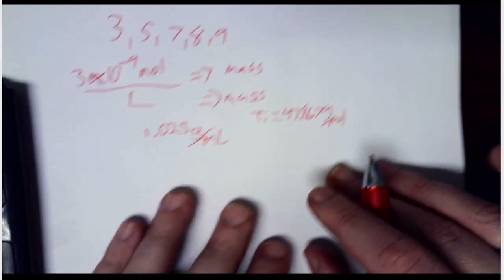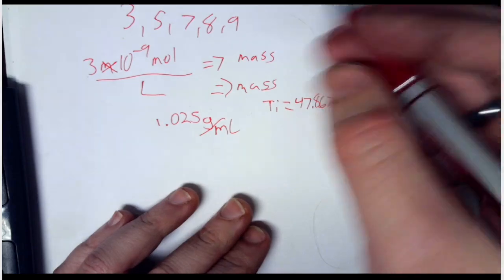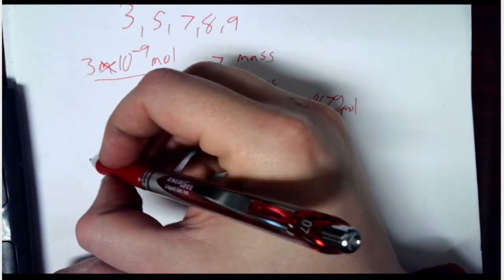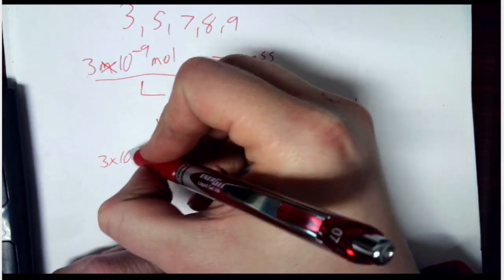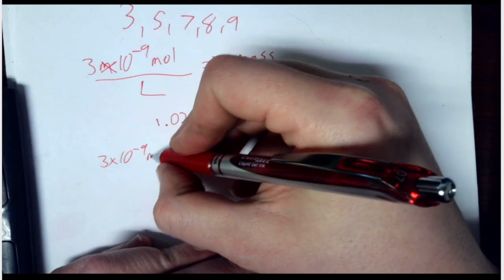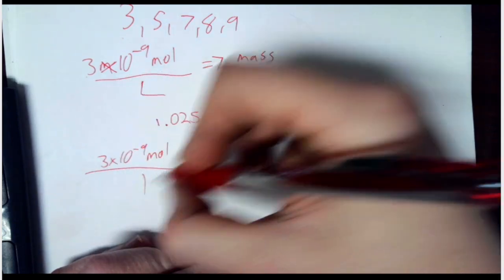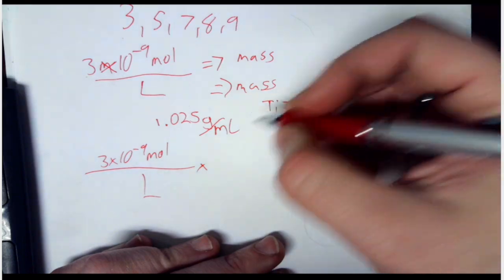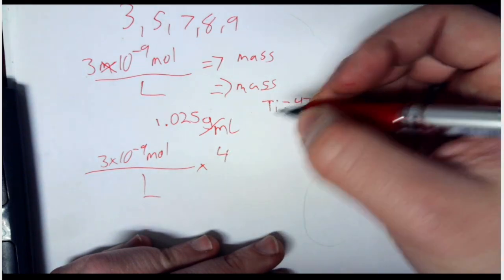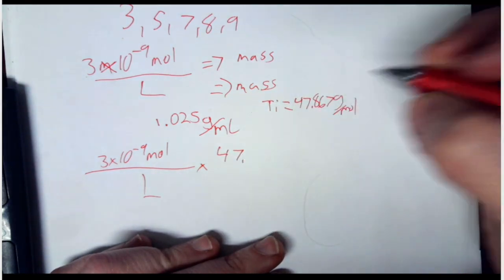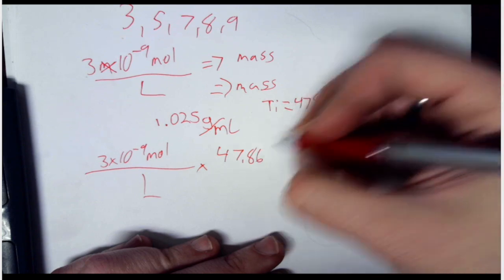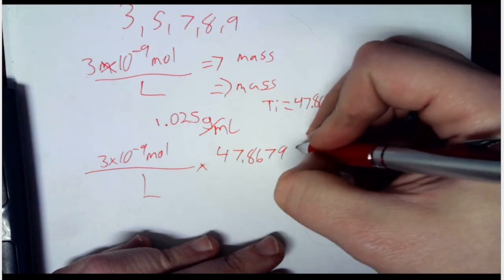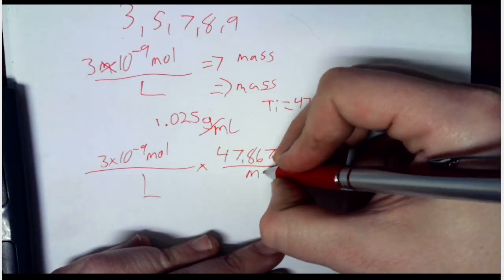With that in mind, we can do that. So 3 times 10 to the negative 9th moles in 1 liter, multiply that by 47.8679 grams of titanium per mole of titanium.